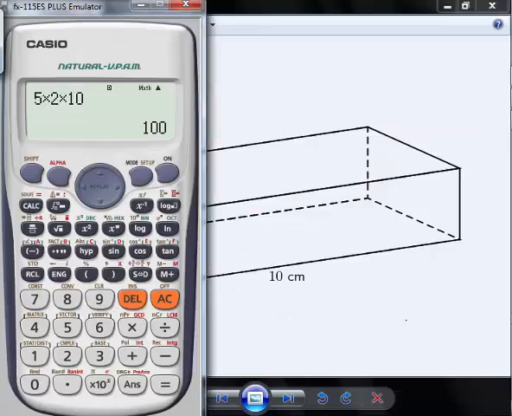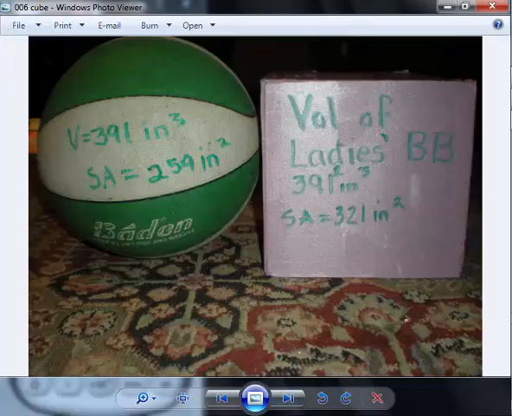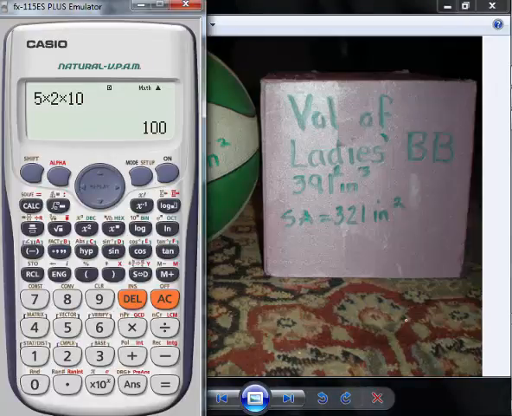Next. This is number 9. How did I figure this volume is 391 inches cubed? Well, what I did is I took the side and cubed it.